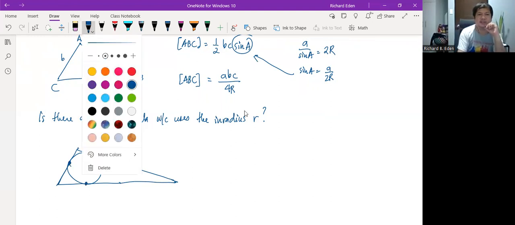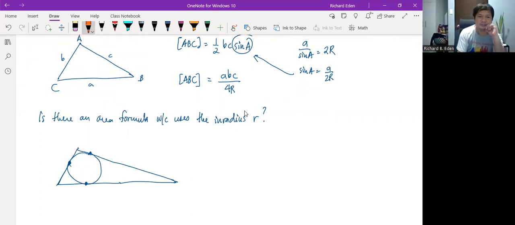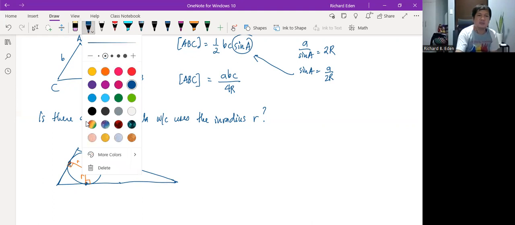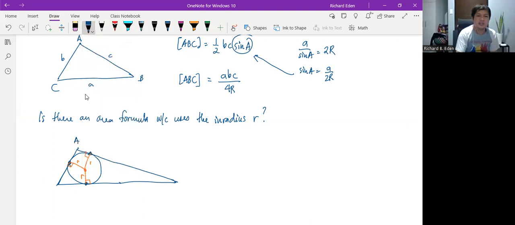If this is the center, okay, so this is R, and you have a 90-degree angle there. Also R, 90-degree angle there. And then here, okay, R, 90-degree angle.